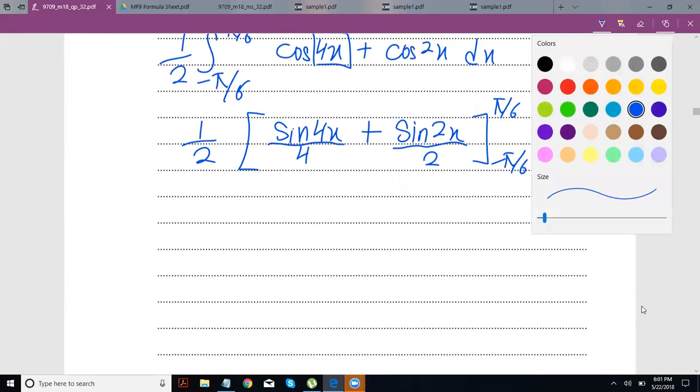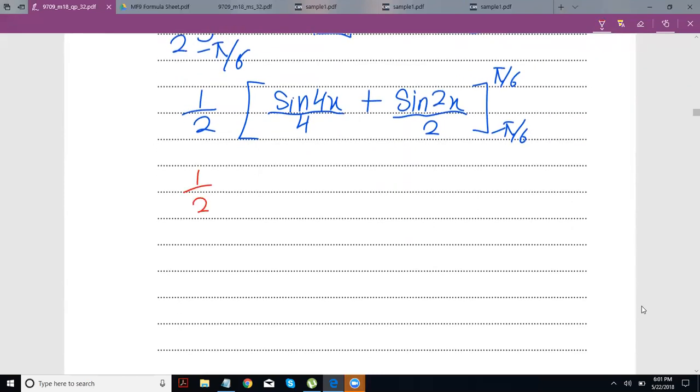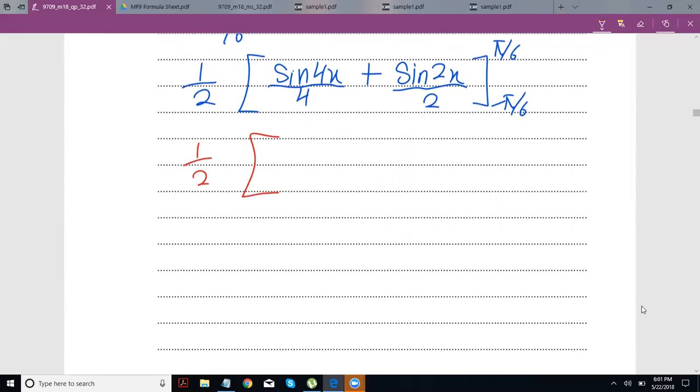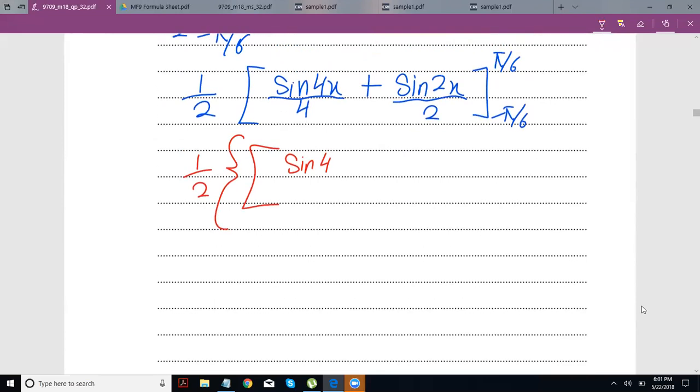And what you can then do, you can input those limits. So this will be sine, well, let's just make another bracket. So sine 4x, oh, well, not 4x. What is it? Upper limit minus lower limit. So do remember to multiply the pi upon 6 with either 2 or 4 before you put it inside the sine function.